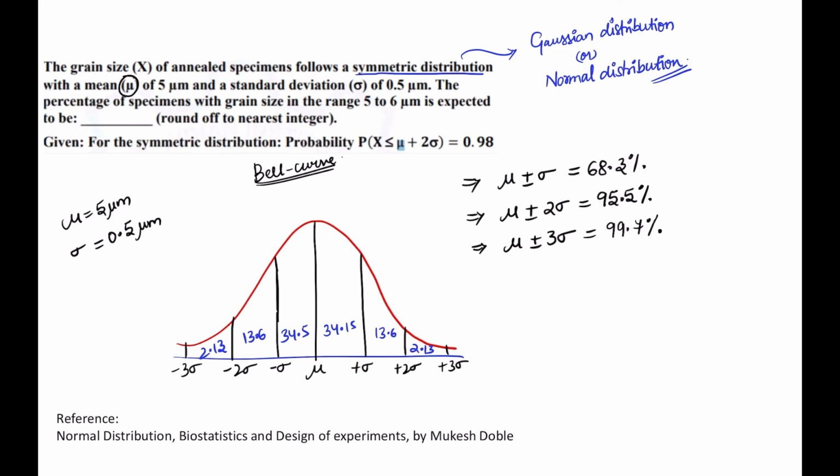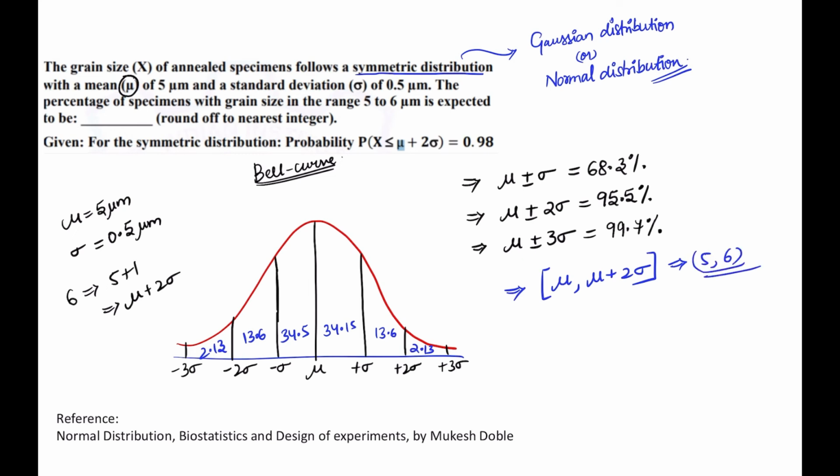They want the expected percentage of specimens with grain size in the range 5 to 6. Now 5 is nothing but mu, and 6 I can write as 5 plus 1, which is nothing but mu plus 2 sigma. So the range they're asking is between mu and mu plus 2 sigma, which is 5 to 6 micrometer.